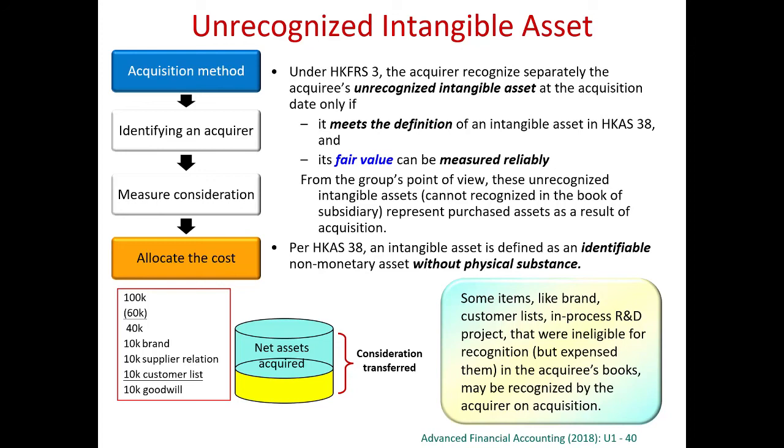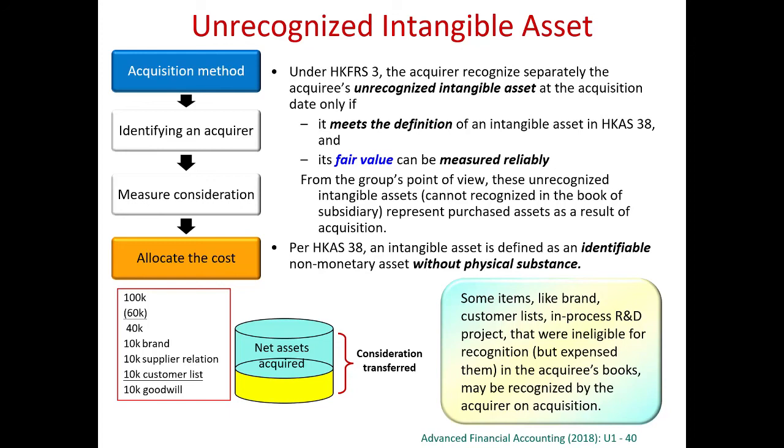So in a business combination, there exists a transaction. Therefore, there's an objective way to measure the fair value, and therefore we allow this to be capitalized on business combination.